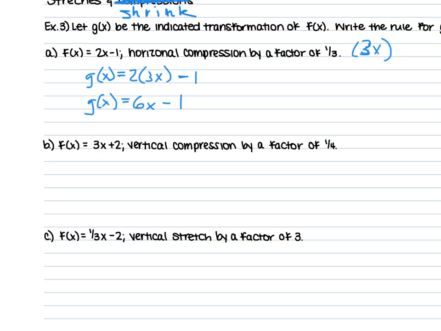For b, we have a vertical compression by a factor of 1/4. So vertical compression, nothing changes, we just multiply the outside of our parentheses by 1/4. So here we have g of x is equal to 3 times 1/4 times x plus 2.